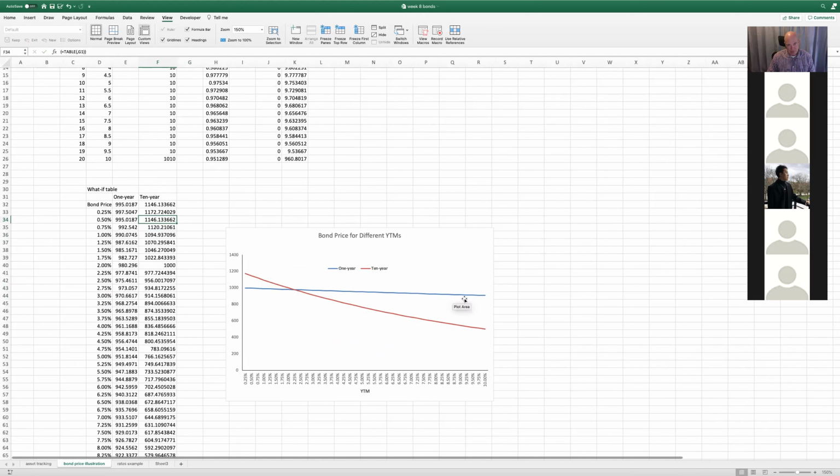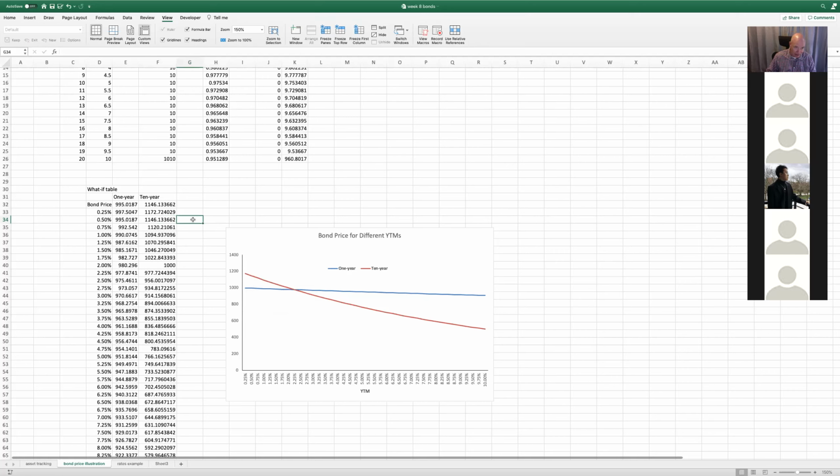All right, I want you to notice something about those bond prices. If I go from 0.25 to 0.5, the 10-year note has a much larger impact on my bond price.